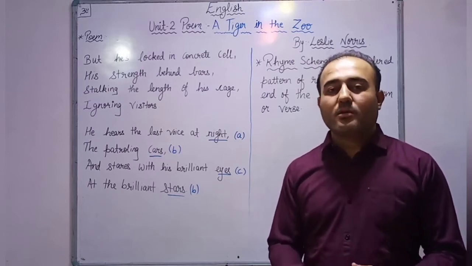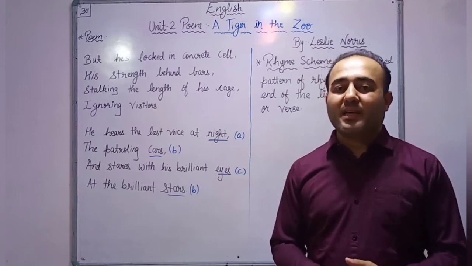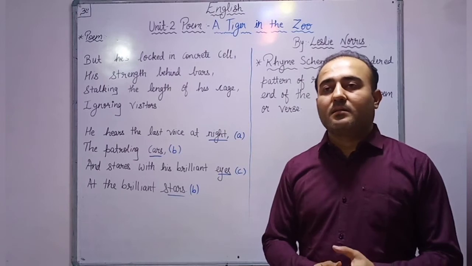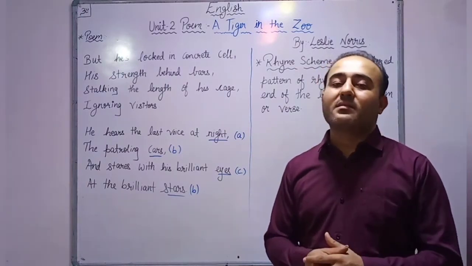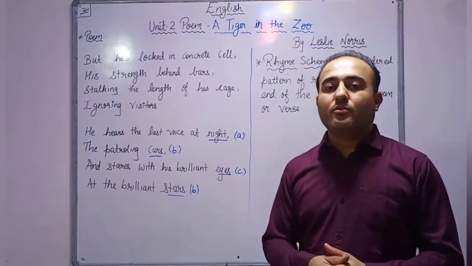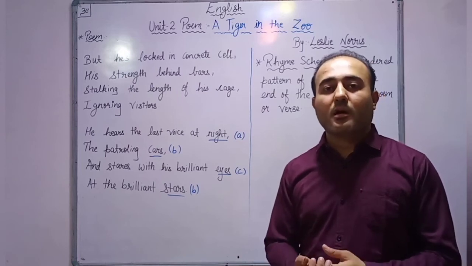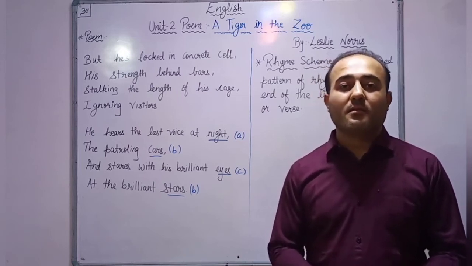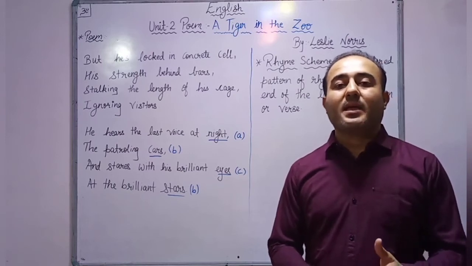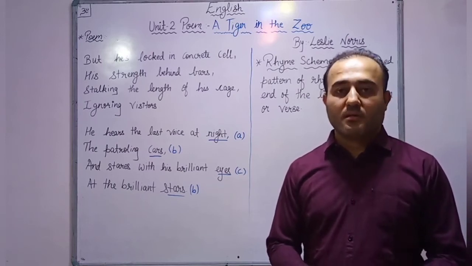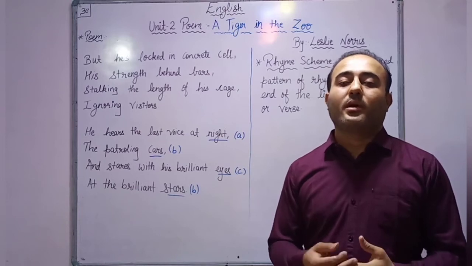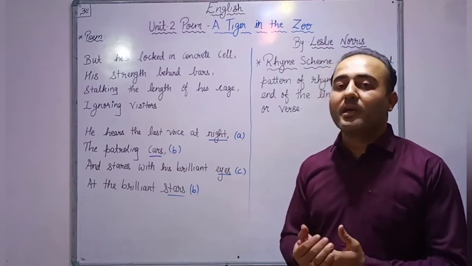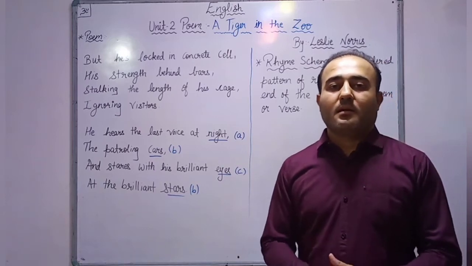So, I would like to conclude the poem by saying that through this last paragraph, the poet tries to tell us that the tiger, by looking at the sky, is trying to ask God a question or ask heaven why he has been kept imprisoned in the cage. That is what the poet imagines at the end, why the tiger is looking at the sky.